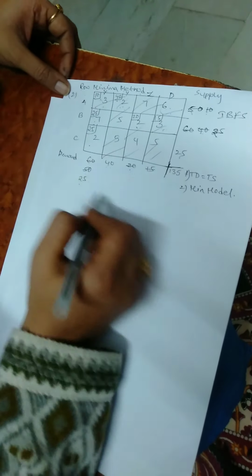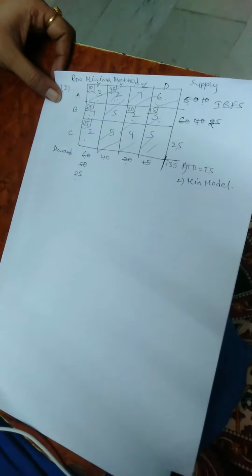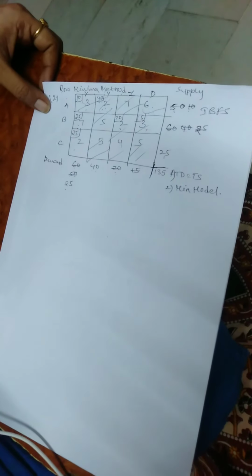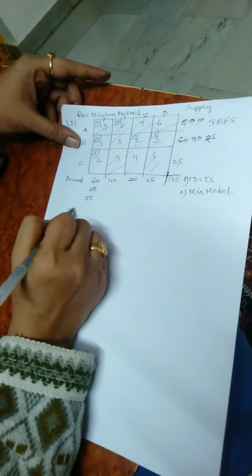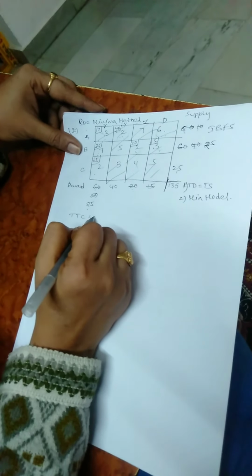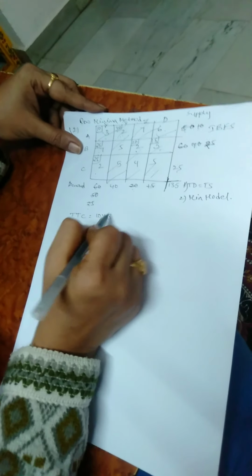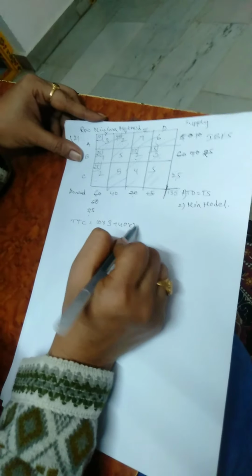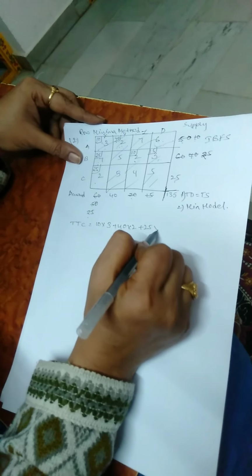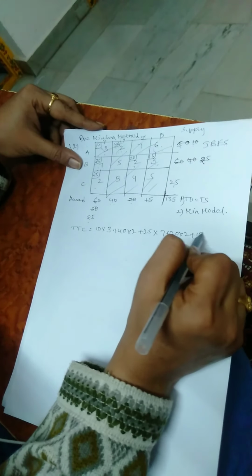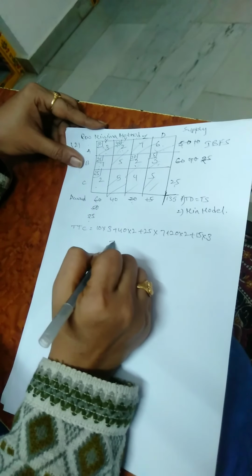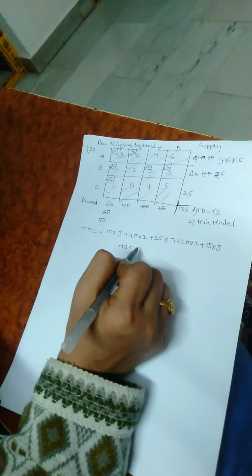This way we can make allocations according to the row minima method. And the total transportation cost is 10 into 3, 40 into 2, 25 into 7, 20 into 2, plus 15 into 3, 25 into 2.